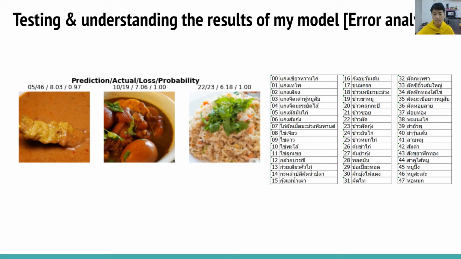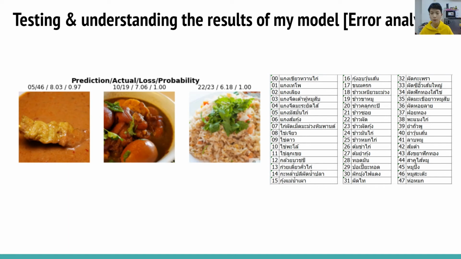However, for gang masaman kai, the soup is the main thing, since it's a stew. So since it took a really close up of it, and the colors are pretty much the same, orange and yellow, my model thought that this was gang masaman kai. So it had a 97% probability of gang masaman kai.